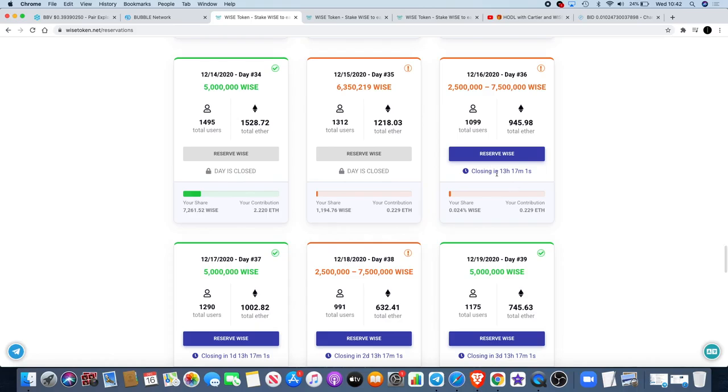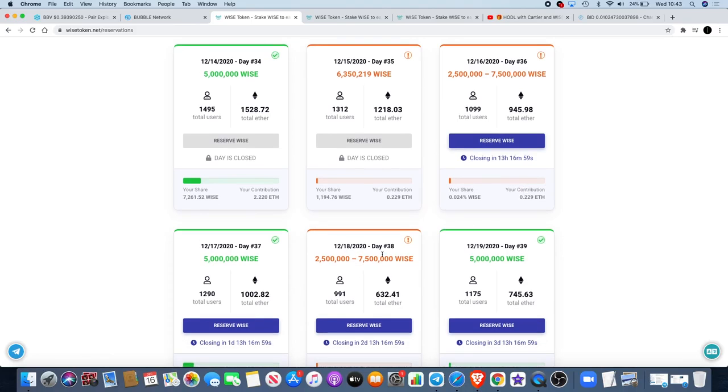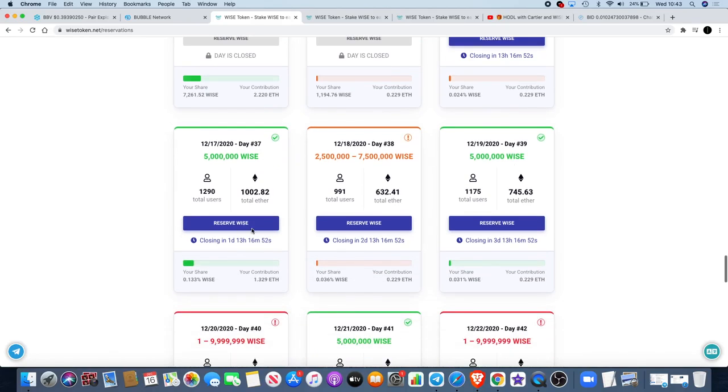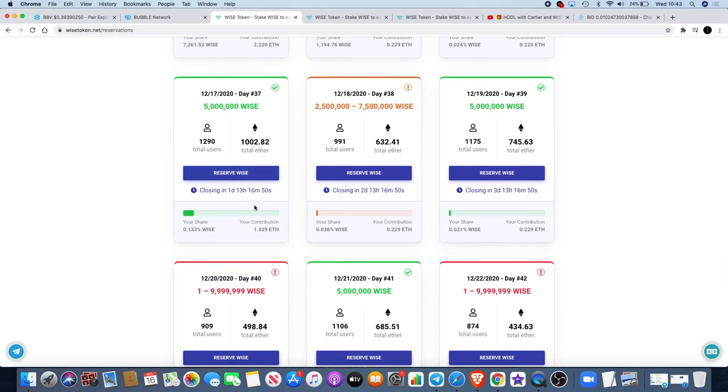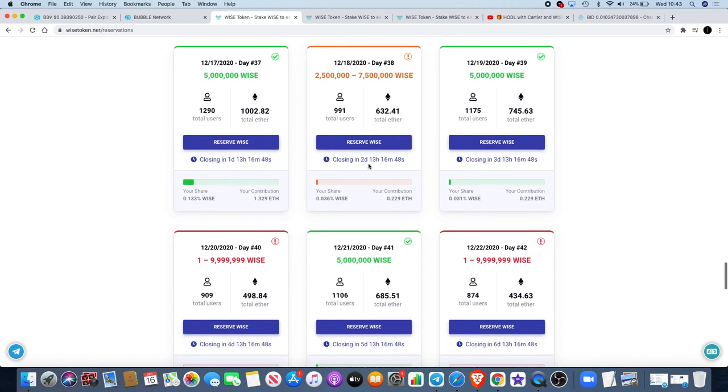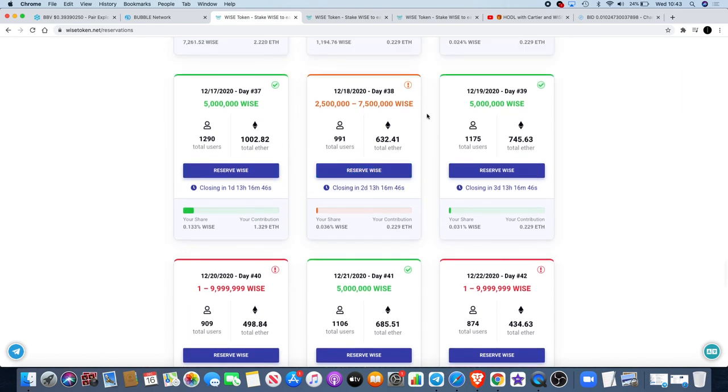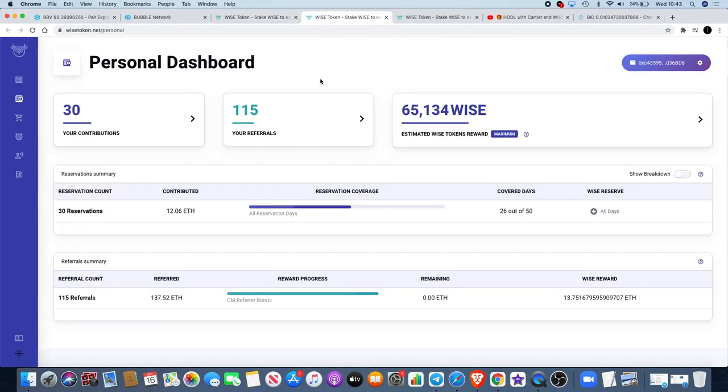I did spread my investment over a lot of them. Not in today's pool, I didn't add any more to that, but I've added another 1 Ethereum to day 37, so that should be more. And I'm going to be adding more Ethereum. But like I said, with the referrals, I want to see exactly how much I can refer before I add too much Ethereum.